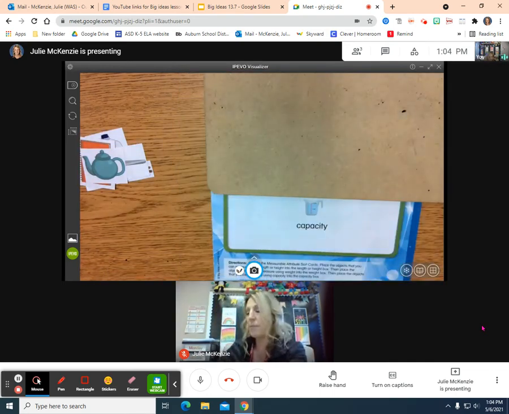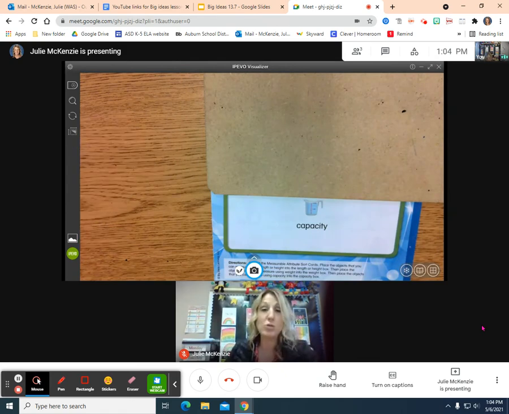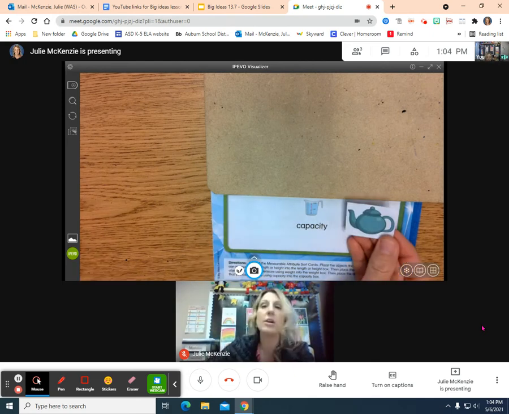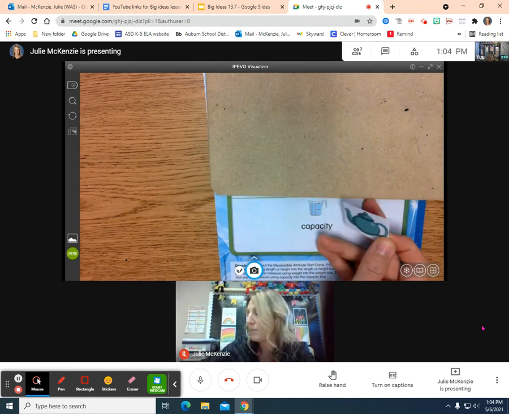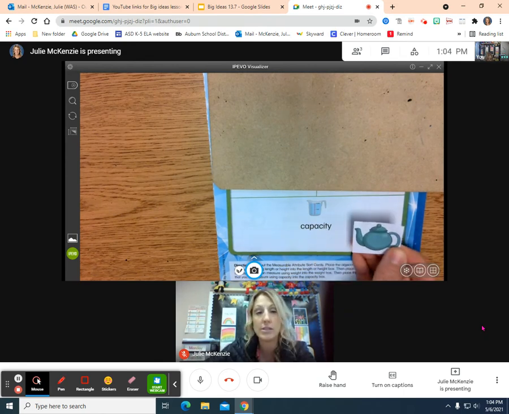Okay, let's take a look at this one that's called capacity. Let's think about capacity. Capacity means you could fill it up with something, and we could see how much of something fits inside of it. So, what about a teapot? Could a teapot have capacity as an attribute? That means, could we fill a teapot up with something and see how much it holds?